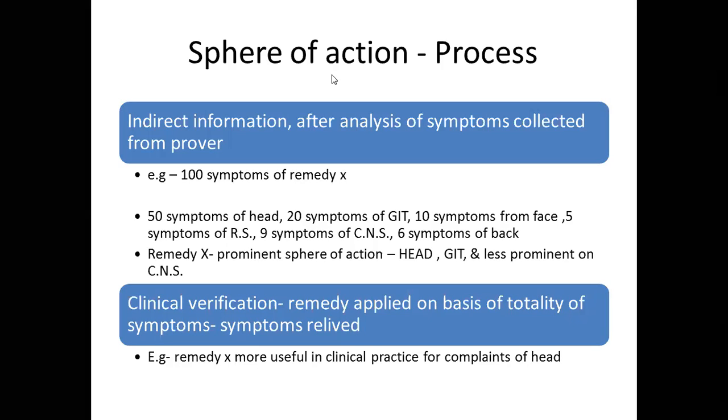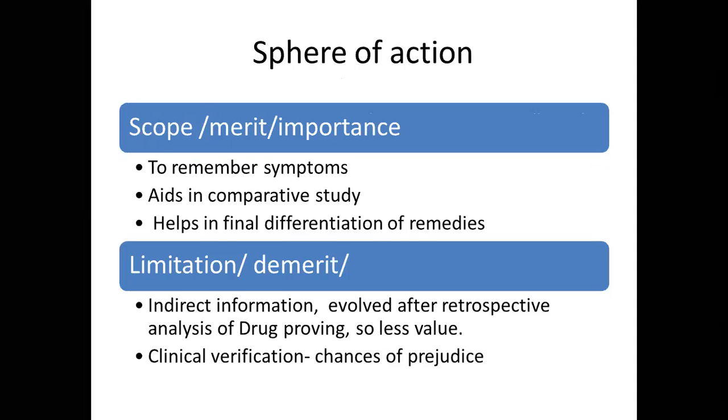Then, what are the merits and demerits of this specific term? Now, this term is very useful to remember the symptoms. For example, if I know that the prominent sphere of action is head, I don't have to remember separately.